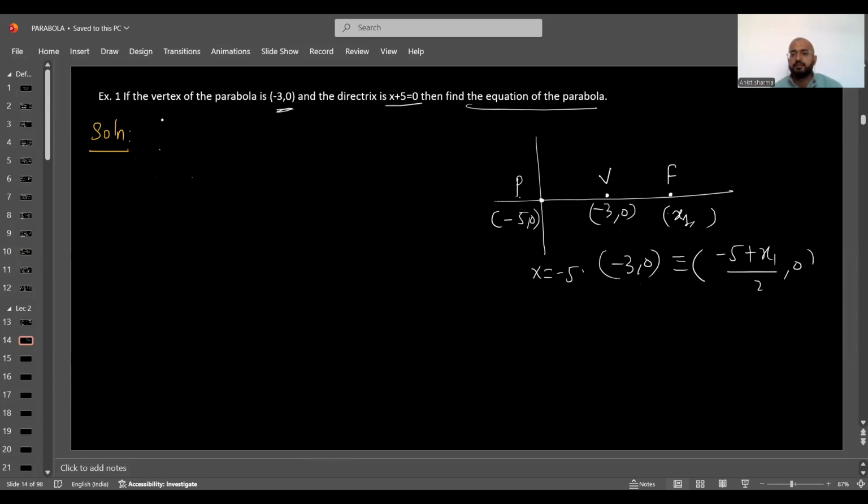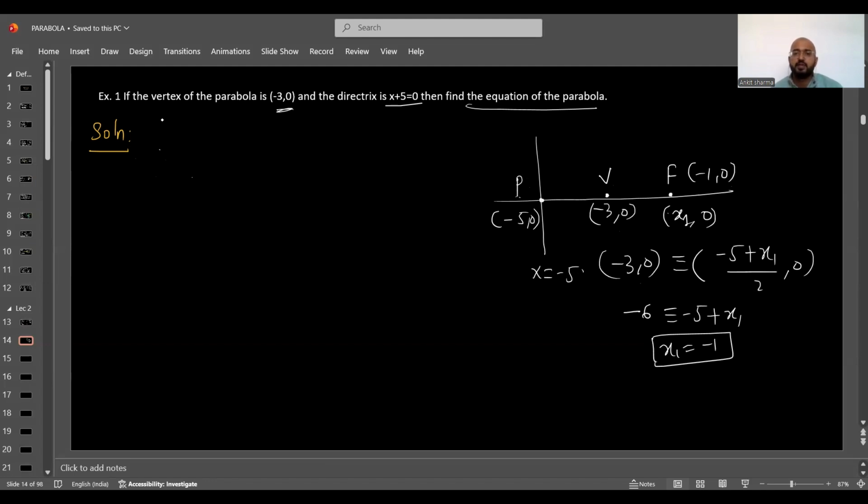From here we get -6 = -5 + x1, so x1 = 5 - 6 = -1. So this point is (-1, 0). So (-1, 0) is the focus.